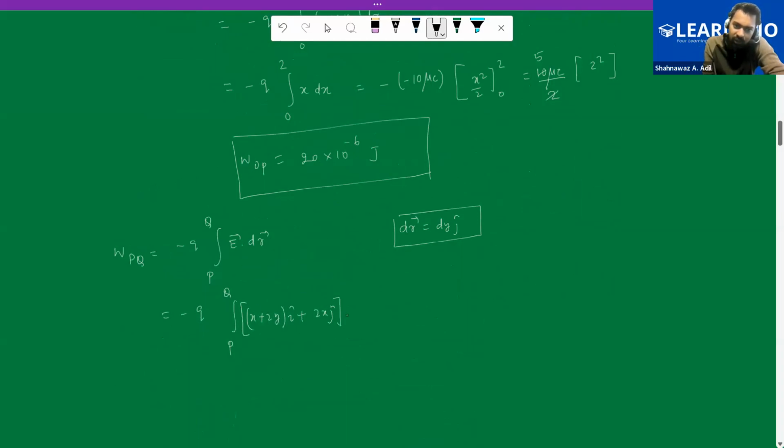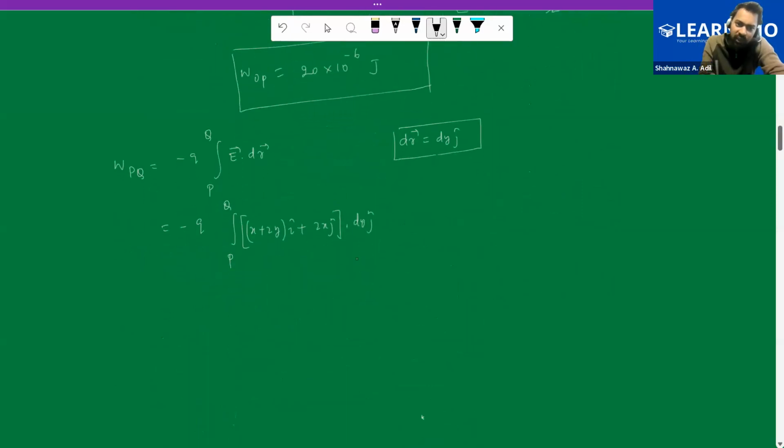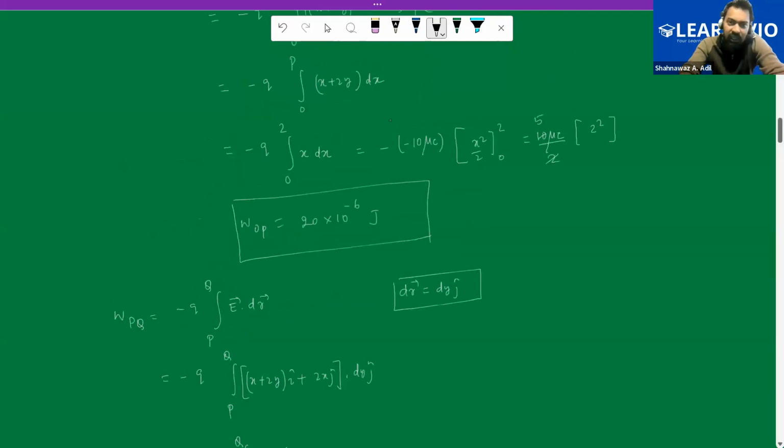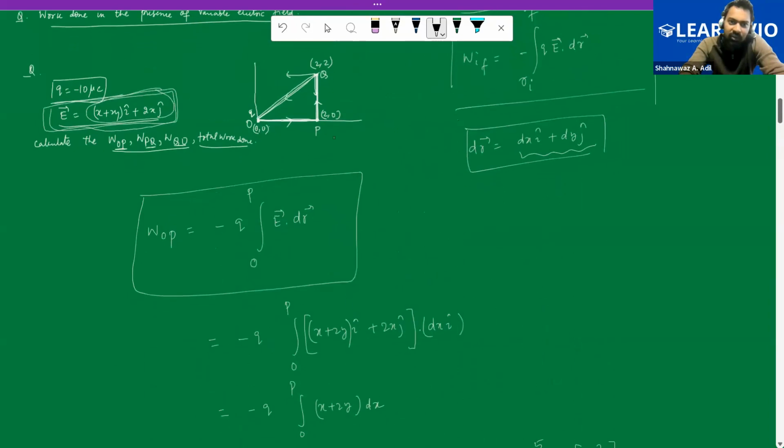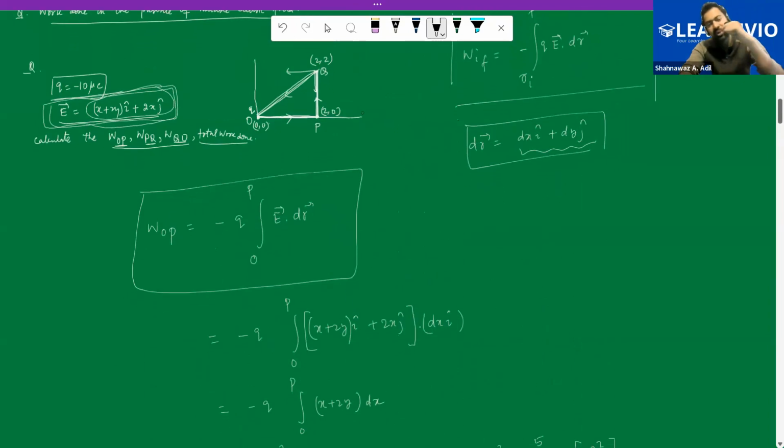And then dot dy j. So again, this j and j will survive. And how much do we have? Integral from P to Q of 2x dy. Now, these are two different functions, right? But if we look at this diagram, what can you say about x?